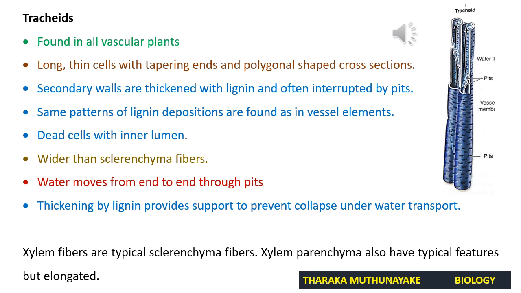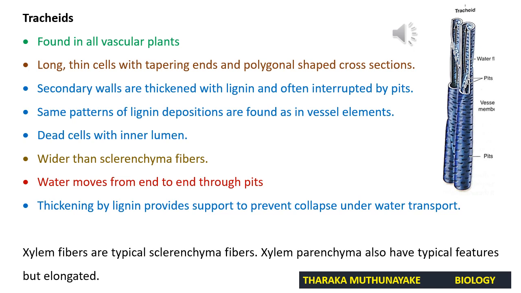Within these tracheids, water is transported through pits found in the common cell wall. That means, from one tracheid to the next tracheid, water is transported through the pits found in the common wall. In the diagram there is an arrow. Those arrows represent movement of water through pits from one tracheid to the next.